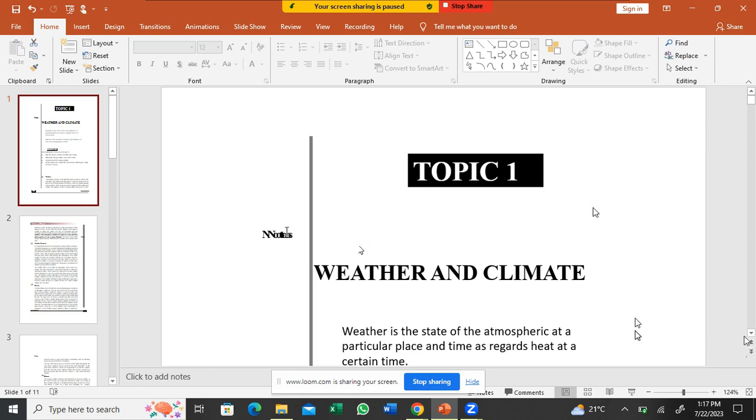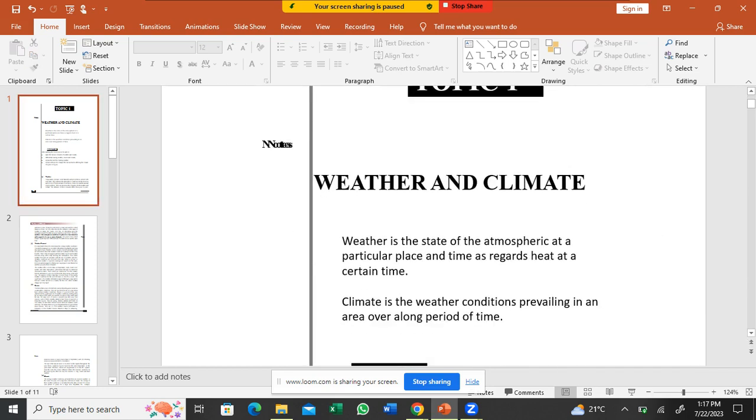And as per the course outline we went through, today we are going to look at the introduction to weather and climate, and we can give the definition of weather and climate.